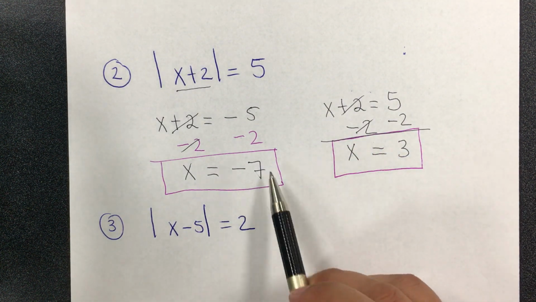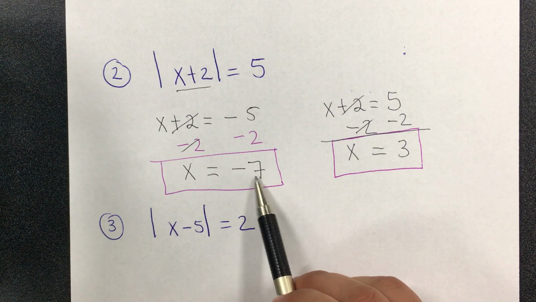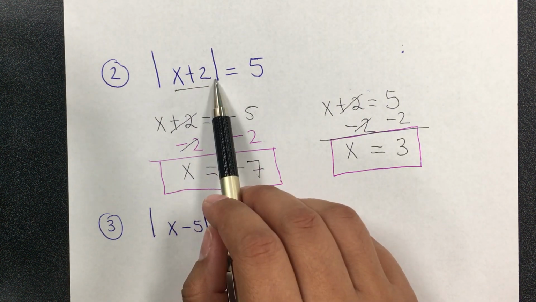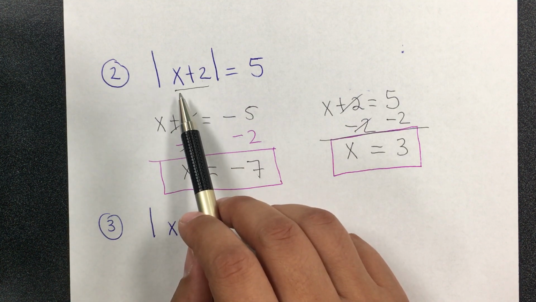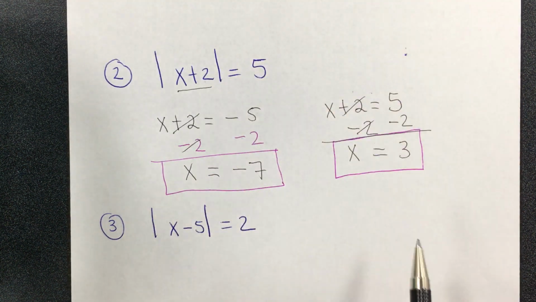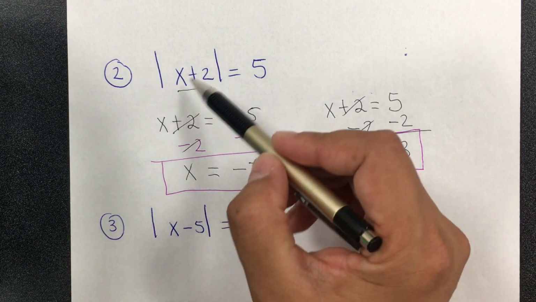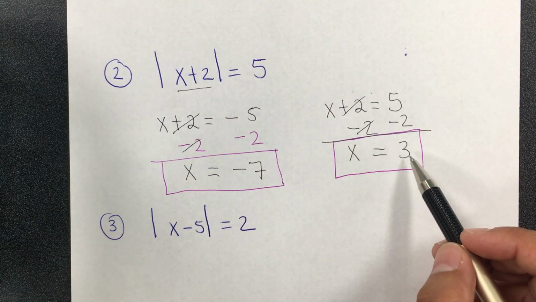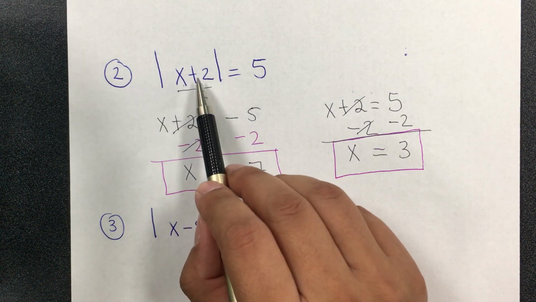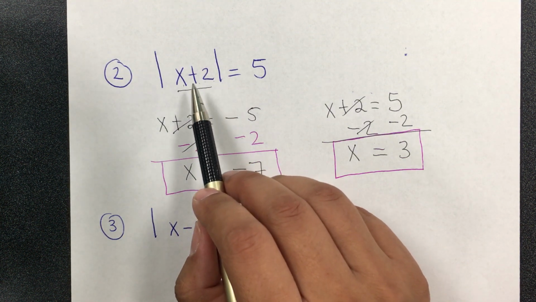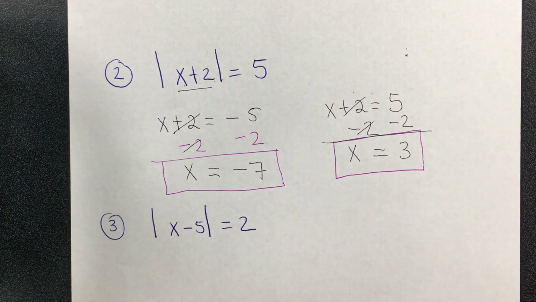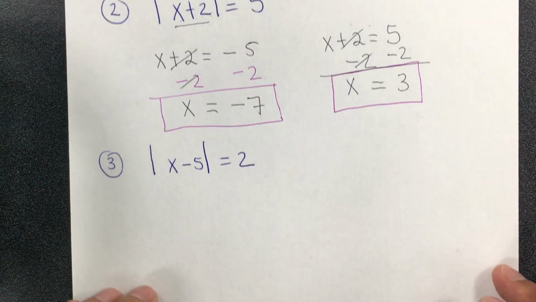Now, if you substitute, and let's do it mentally, if you have -7 in here, -7 plus 3 becomes -5. But once you get it out of the absolute value, it becomes +5. Now, if you substitute the 3, 3 plus 2 is +5, and the absolute value of +5 is 5. Okay, so that was a quick check.